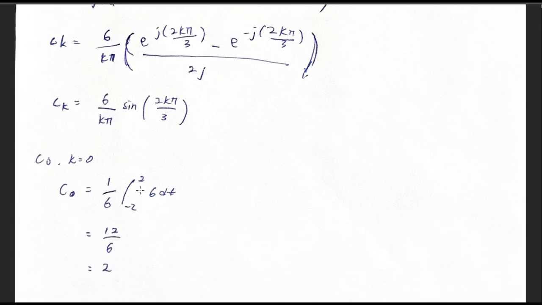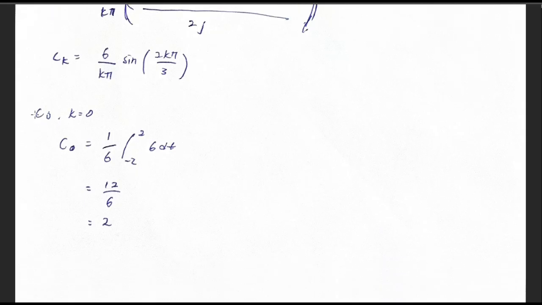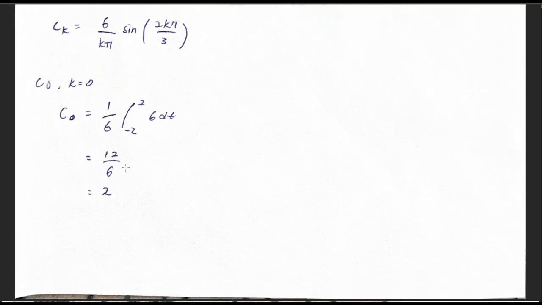So the next step is to find C0. C0 is k equals 0, where the equation is like this: C0 equals 1 over 6, upper limit 2, lower limit -2, 6 dt, and we calculate it, so it becomes 12 over 6, and the final answer for C0 is 2.